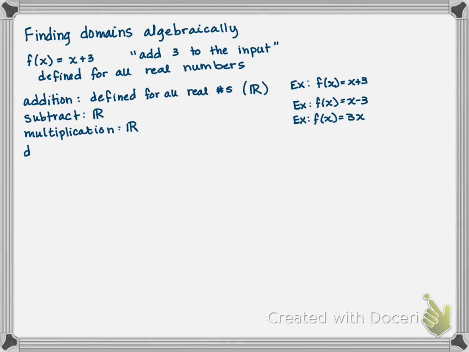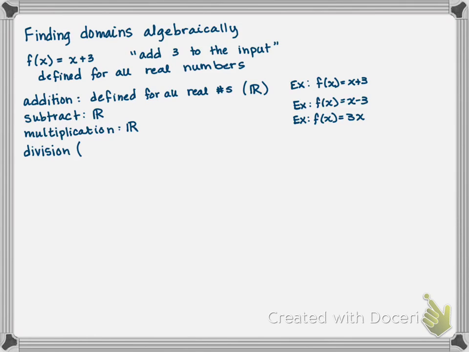Okay, let's talk division. There are 2 ways of thinking about division. Multiplication is what we call commutative, which means I could do 3 times x and x times 3, and it's the same exact thing, right? So we don't have to talk about them separately. But division is a little different because x divided by 3 and 3 divided by x aren't the same operation, right?